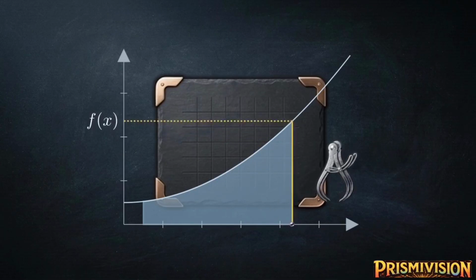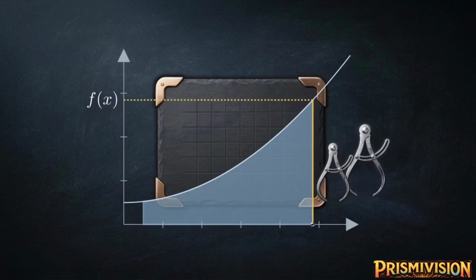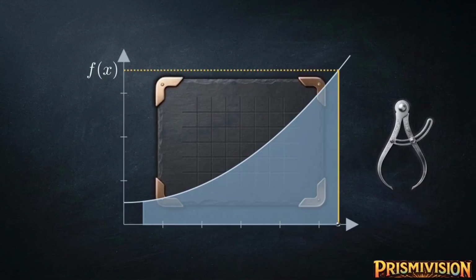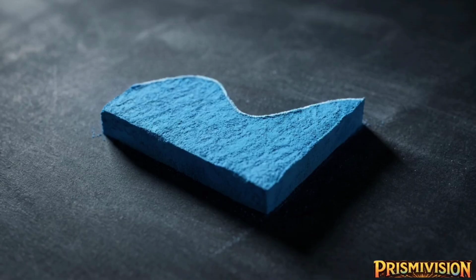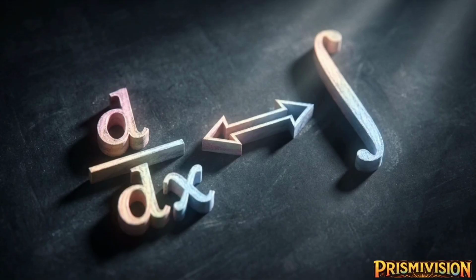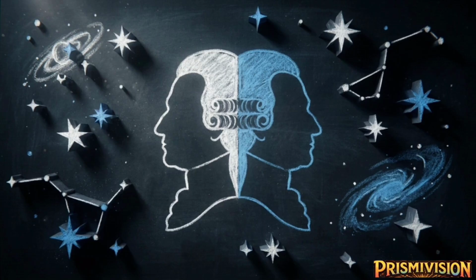By highlighting the leading edge, we can see that the exact rate at which the area expands is equal to the current height of the curve itself. The derivative of the area gives you the curve, and the integral of the curve gives you the area. They are perfect mathematical inverses. Newton's frozen instants and Leibniz's infinite accumulations are inextricably linked.